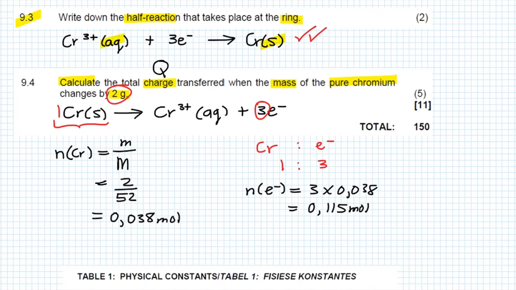Now this is the number of moles of electrons. We are interested in the charge transferred. So now we need to determine the number of electrons transferred. We're going to use one of the formulas from the formula sheet, which says that the number of particles is equal to the number of moles multiplied by Avogadro's number. So this is going to be 0.115 multiplied by Avogadro's number.